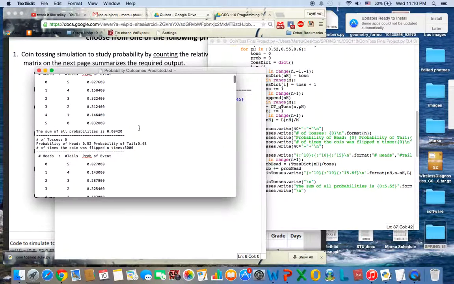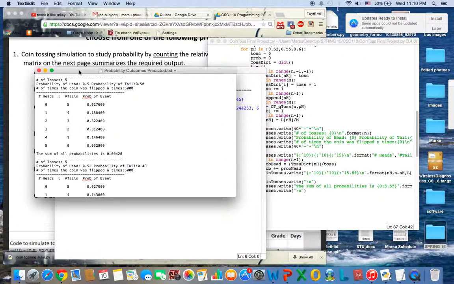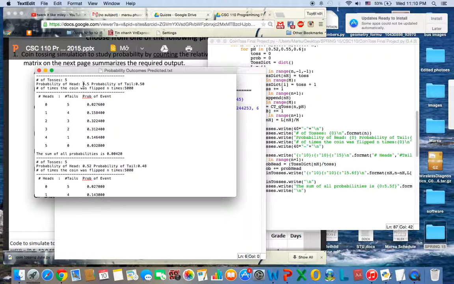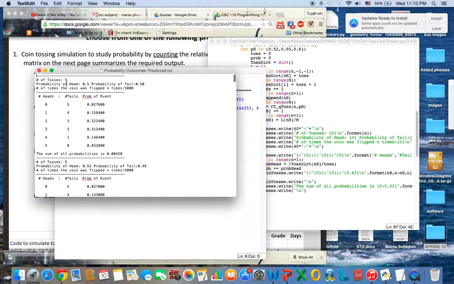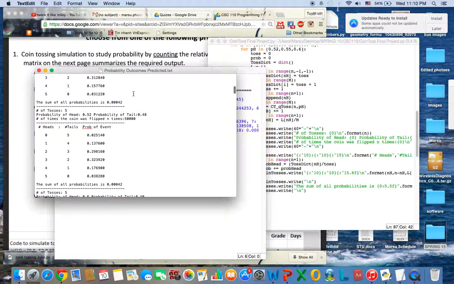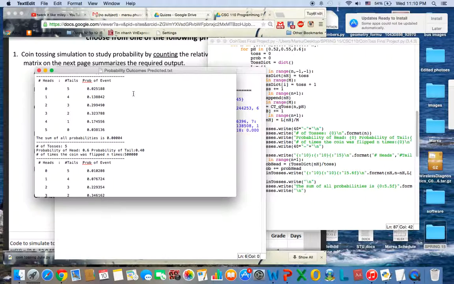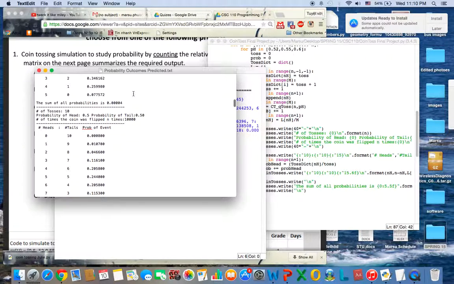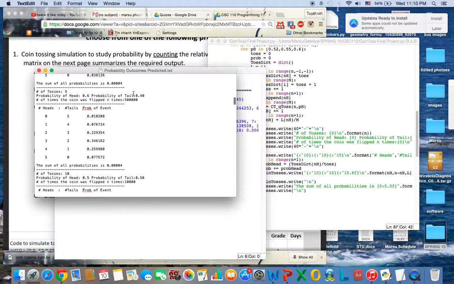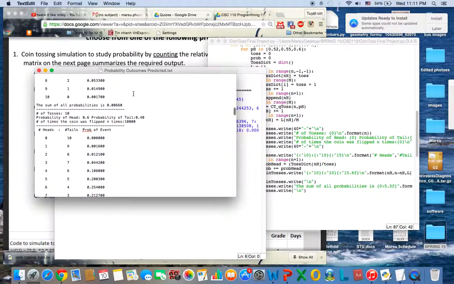So here we go. The new file we created. So for the head with pH is 0.5, and so we flip 5,000. So let's run.